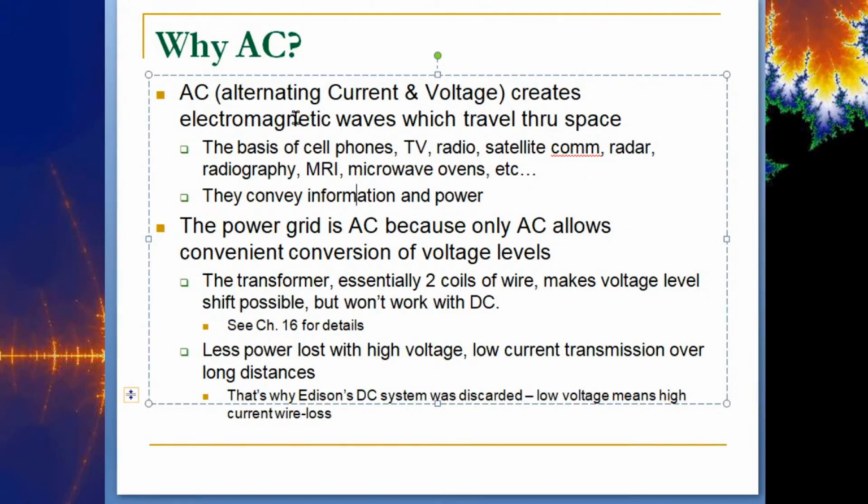And so the AC is actually what we use to create electromagnetic waves that travel through space. Part of the transmission that I'm doing right now is radio transmission. I'm using an electromagnetic signal because I'm using a lav mic.